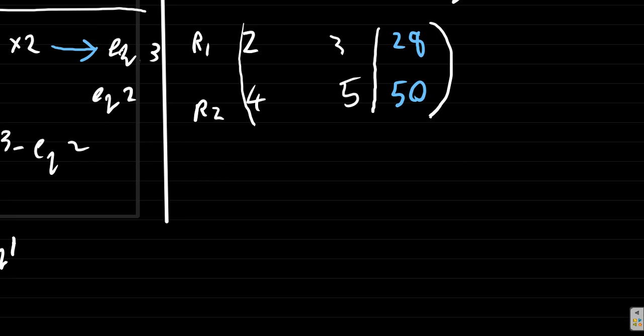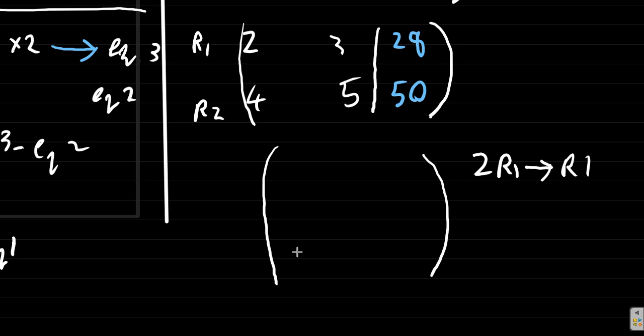Now, the way they usually write it is 2 row 1 will lead to our new row 1. So you're going to change row 1.